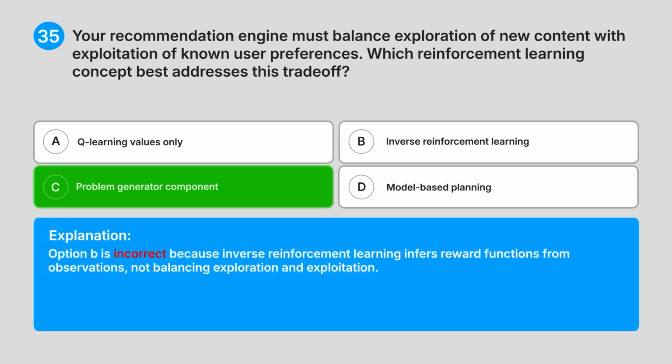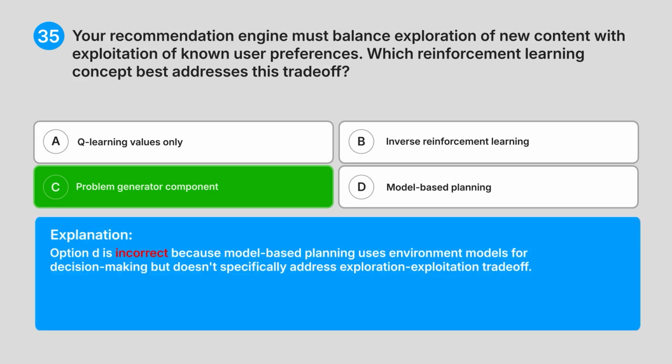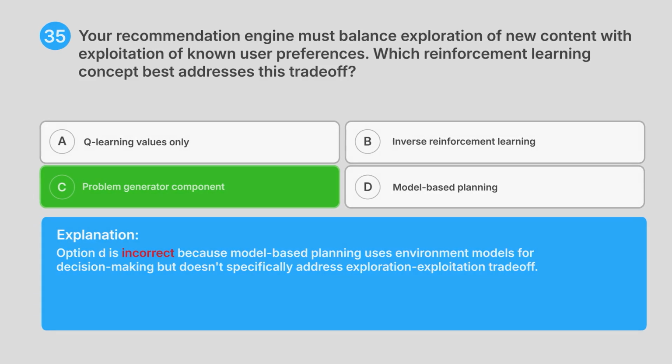Option B is incorrect because inverse reinforcement learning infers reward functions from observations, not balancing exploration and exploitation.